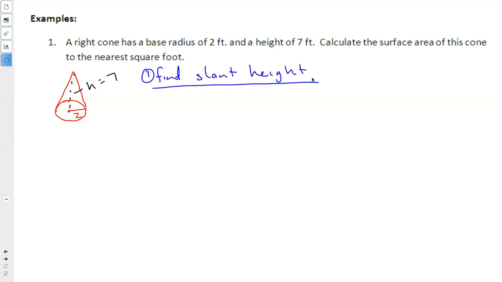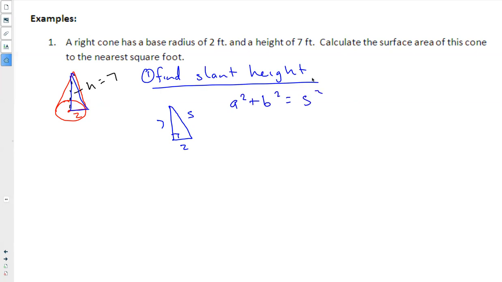Okay, so hopefully you can see we have a right angle triangle right here. The dimensions of that: we know it's 7 feet tall, it's 2 feet wide, and we don't know the slant height. But this is a right angle triangle, so we can use our Pythagorean theorem. a squared plus b squared is equal to the hypotenuse squared, which is my slant height.